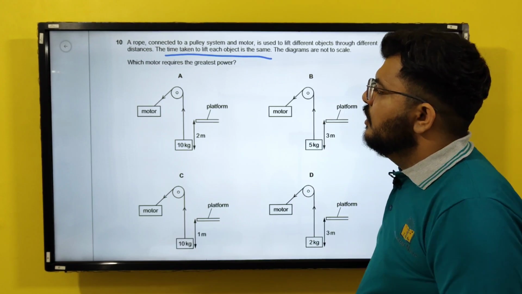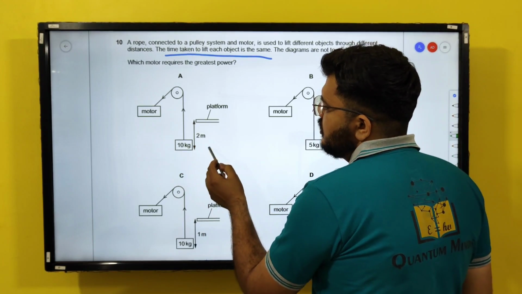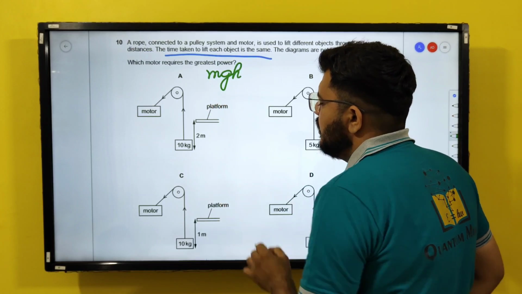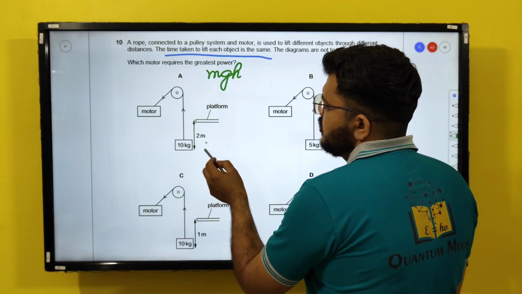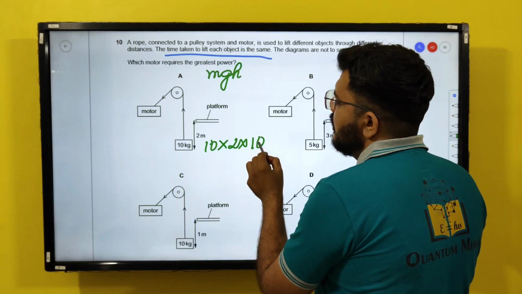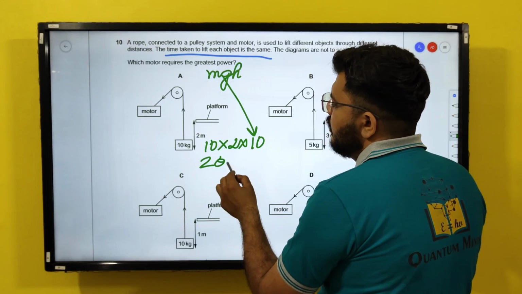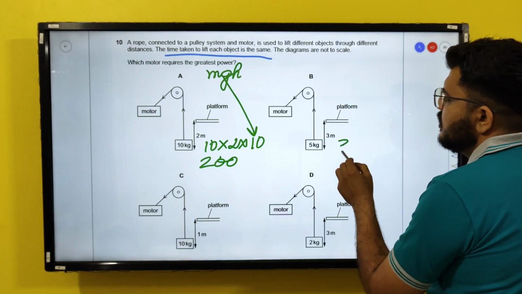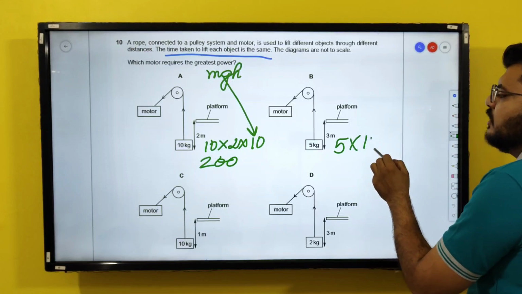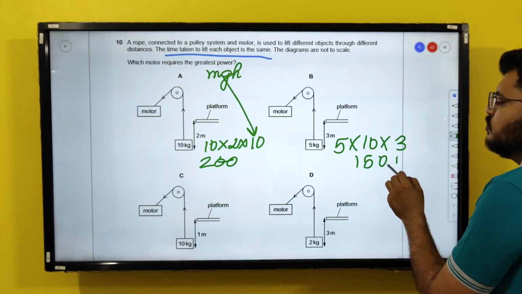So let us write down, work done is nothing but change in potential energy. So let's find out the change in potential energy. We will use the formula mgh, just like the previous question. So you have 10 into 2 into 10, where 10 is the value of g. So this is 200. Here you have 5 into 10 into 3, so you have 150 joules.